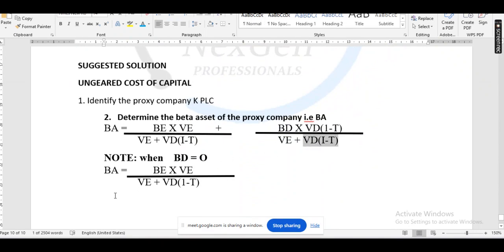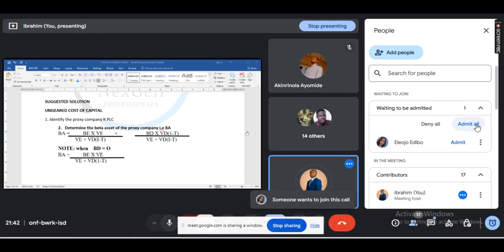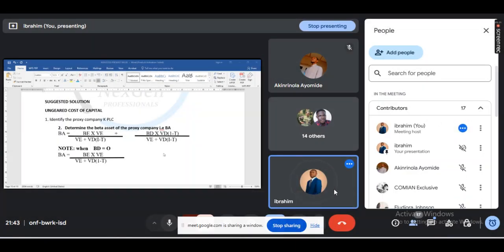We don't need it. Now, it will be easy to calculate, unlike the other method, because the equity beta of the proxy company is given to us in this question, class.